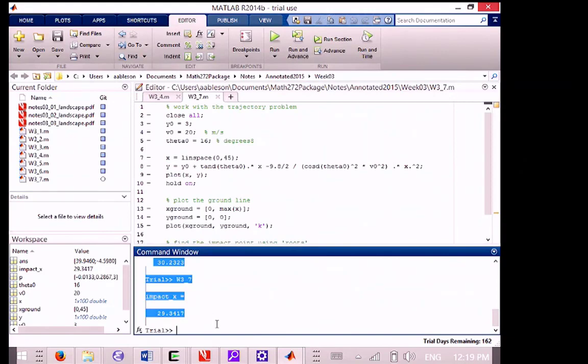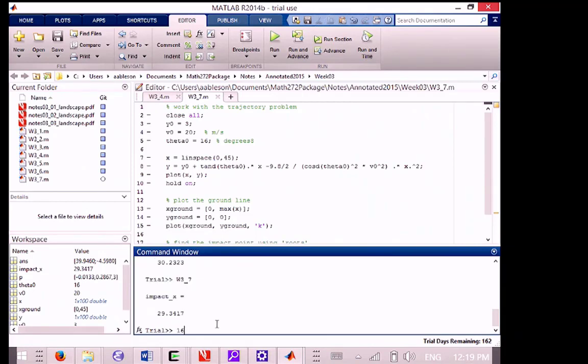We've bracketed the distance. Somewhere between 16 and 17 degrees, there is an angle that'll land me exactly at 30. And if I only want 1 degree precision, that's fine. But presumably, where would be a next natural guess if I want to get closer to 30? 16.5, that's right.